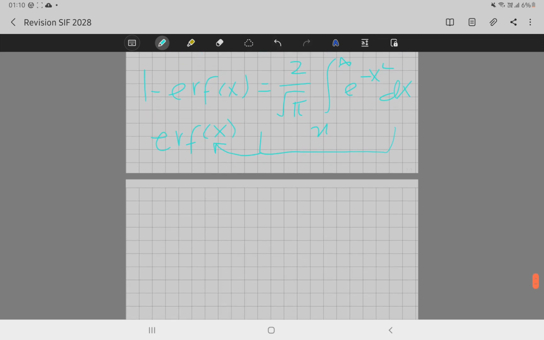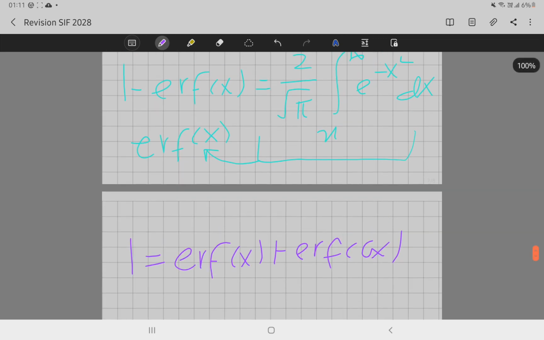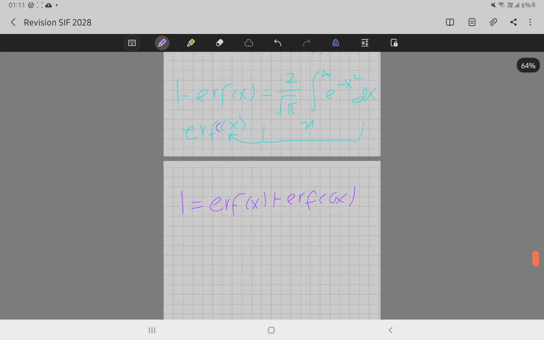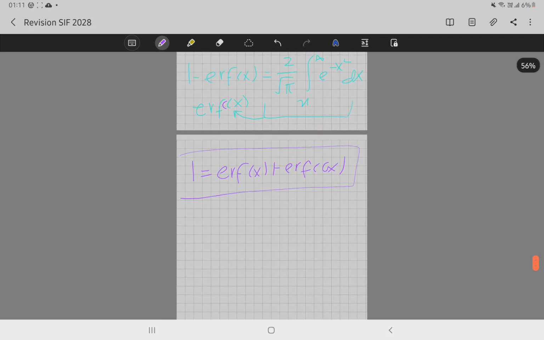Hence we can see that one is actually erf x plus erfc x. So there is erfc x, the complementary error function, right?